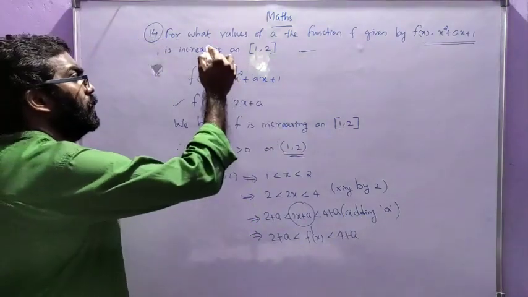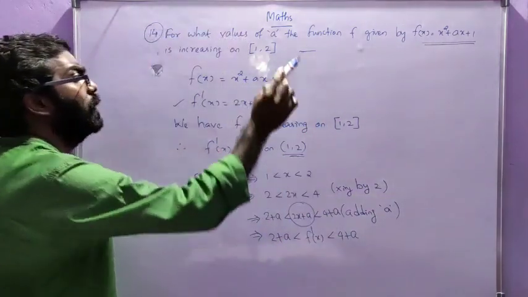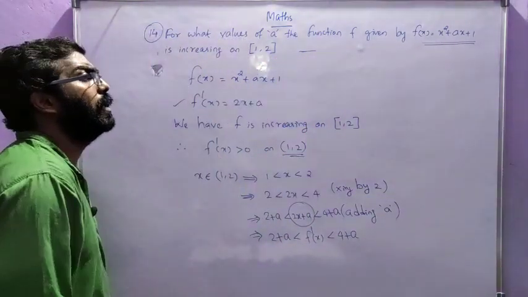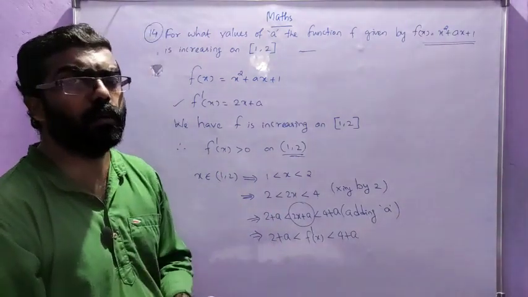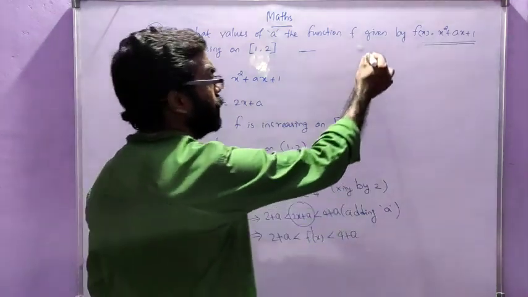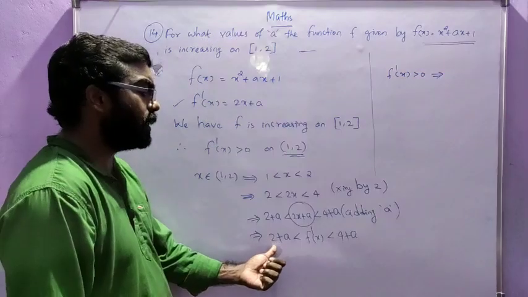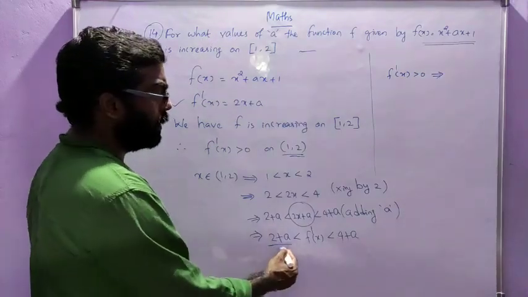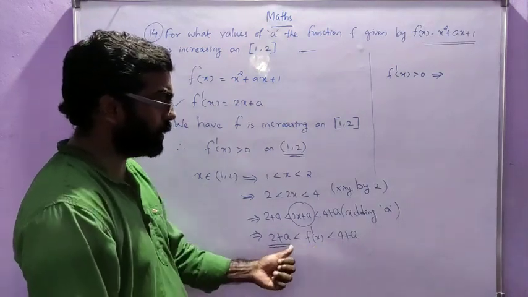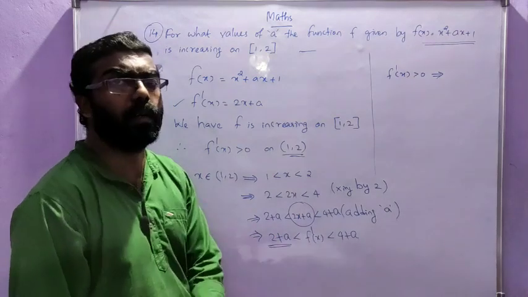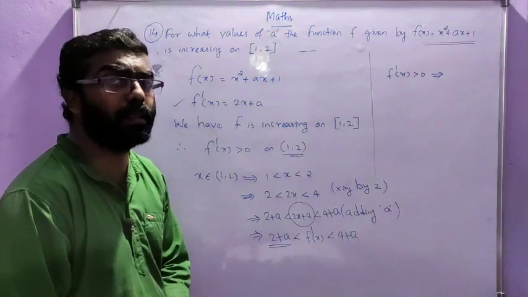Clear? Here the question is, for what values of a the function f given by f of x equal to x square plus ax plus 1 is increasing on the closed interval 1 comma 2. That means we have to find the value of a. So f dash of x is greater than 0. Here we got the range of f dash of x, 2 plus a less than f dash of x less than 4 plus a. 2 plus a cannot be negative since f is an increasing function.